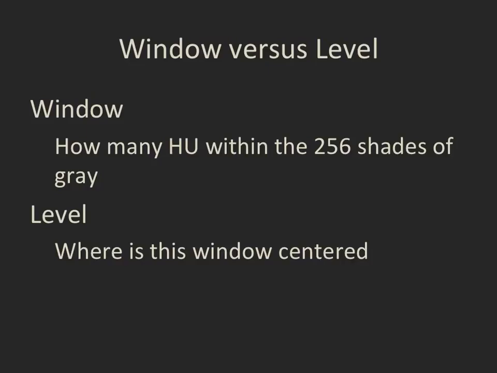The L, or the level, stands for where this window is centered. So let's go back to our graph. We may have a narrow window, perhaps that window is only 100 Hounsfield units wide, and it's here, so our W might be 100 here. And our level, which is the midpoint, might be centered at 50.